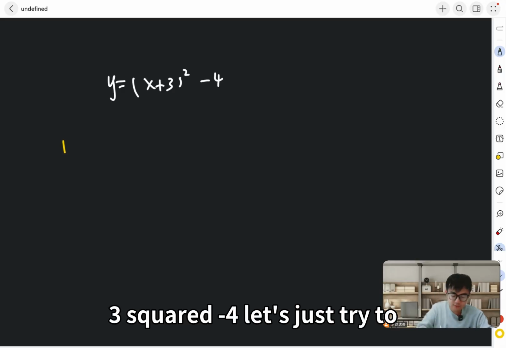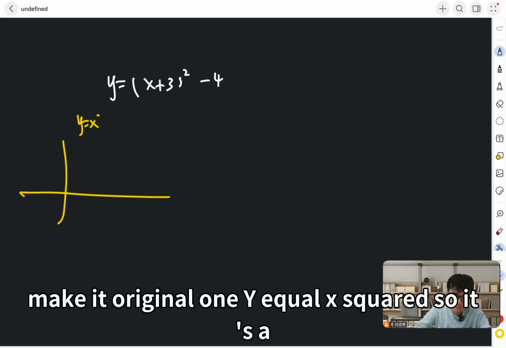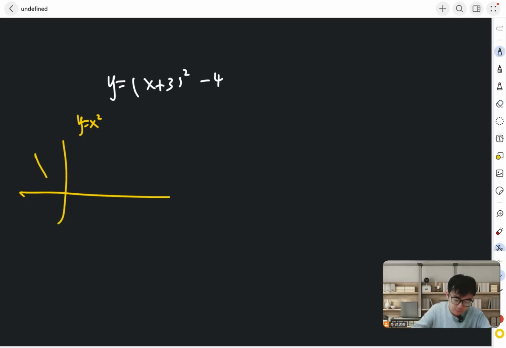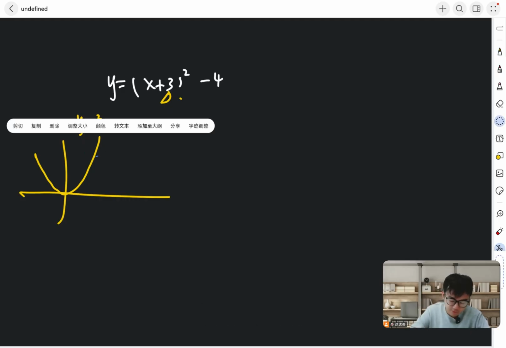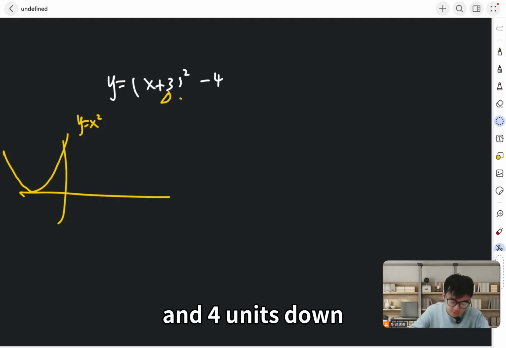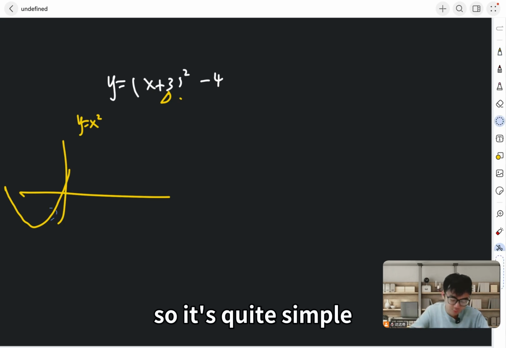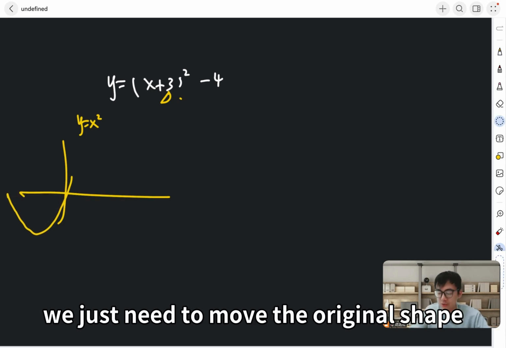Let's just start from the original one, y equal x squared. So it's a basic parabola. And then you need to move it 3 units left and 4 units down. So this will be the graph. So it's quite simple. We just need to move the original shape.